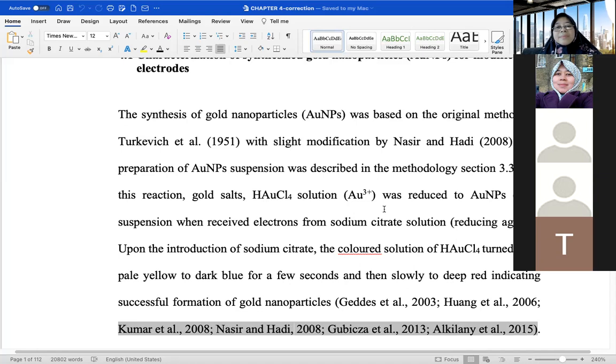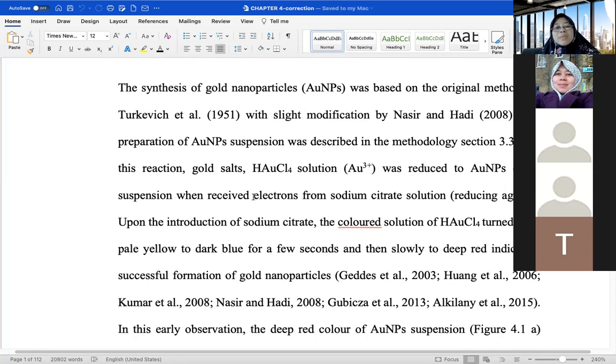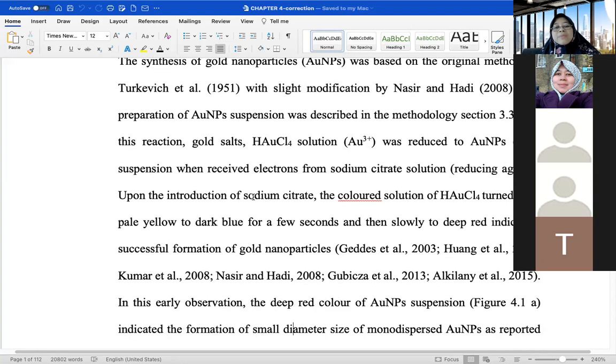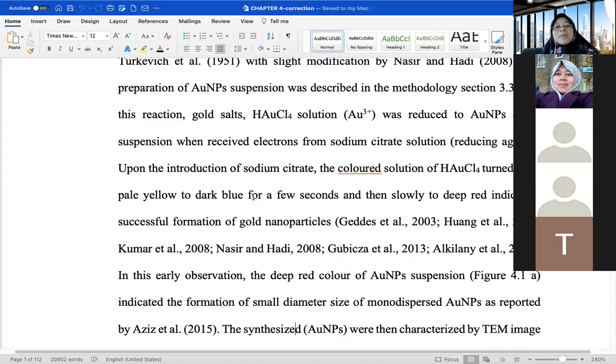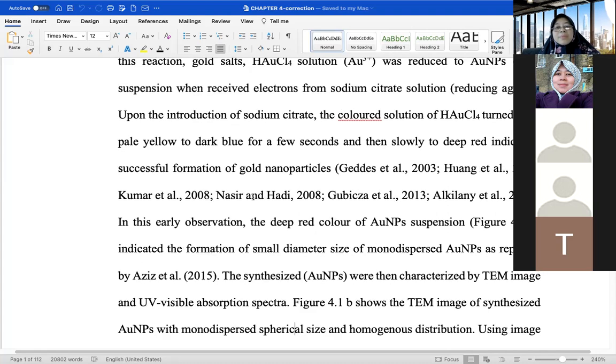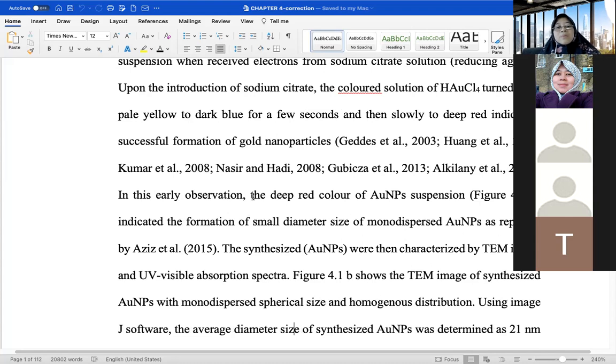Then he tells about the process, because he's doing gold nanoparticle preparation. The gold solution was reduced to gold nanoparticle suspension when it received electrons from sodium citrate. Then he continues the introduction of sodium citrate, the colored solution, and then he starts to talk about the results.